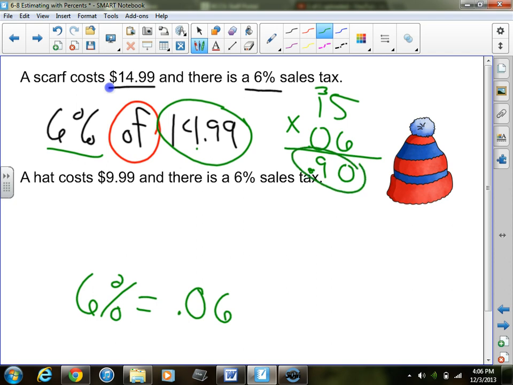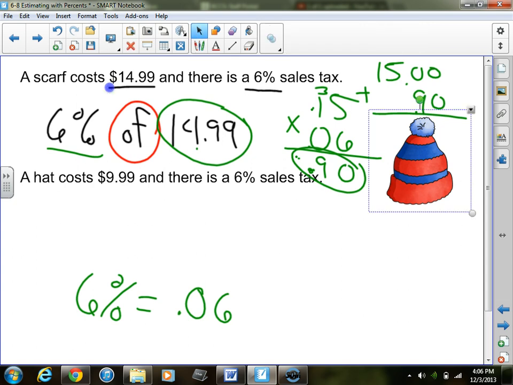Now I do want to emphasize there is one more very small step. I need to take that sales tax and add it to my original cost. So it's going to be $15 plus 90 cents. I'm going to get rid of this because that's annoying. There we go.